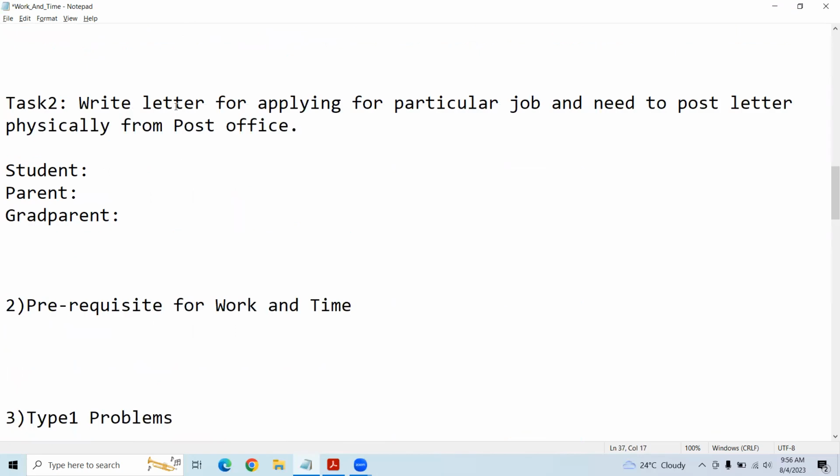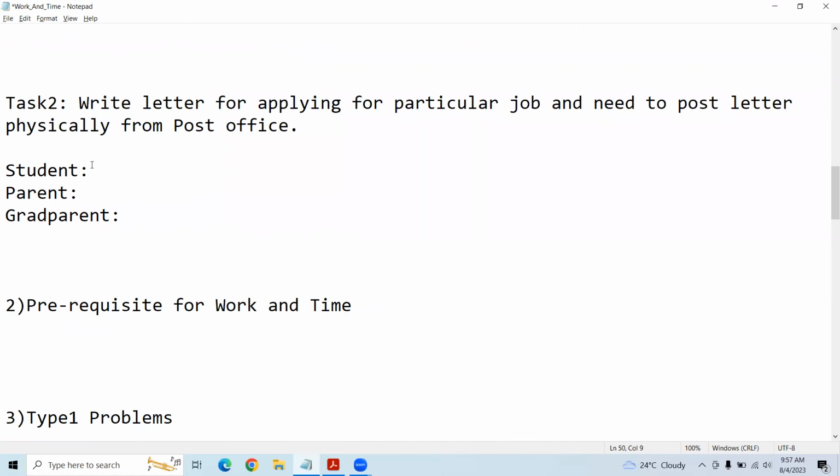Assume that you need to write a letter for applying for a particular job, but you don't need to write an email or something. You need to write the letter physically, and you have to post it by going to the post office. Most of us, whether student or parent, may not have used post very frequently.